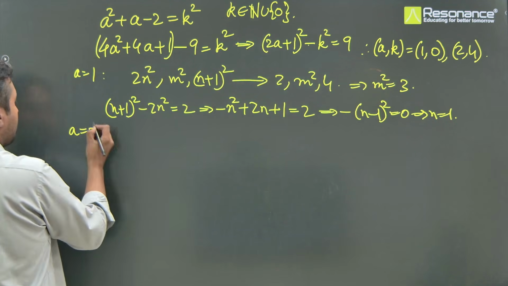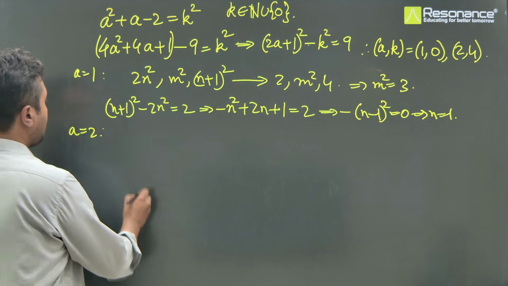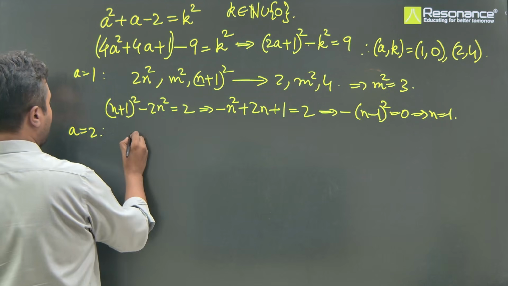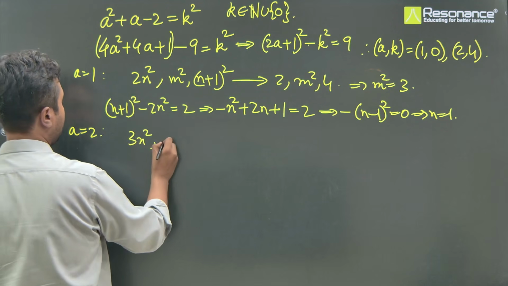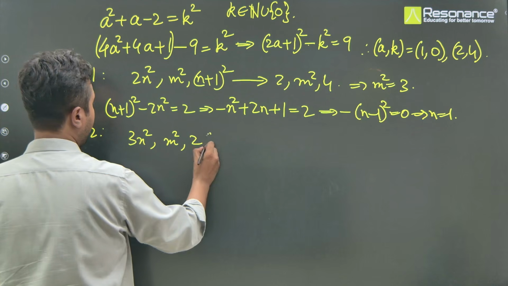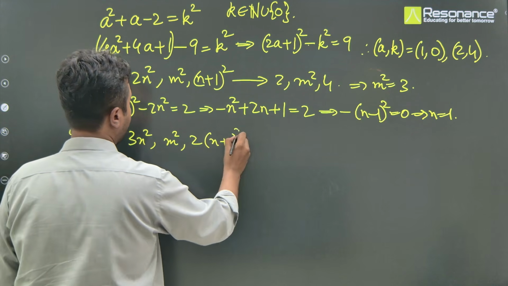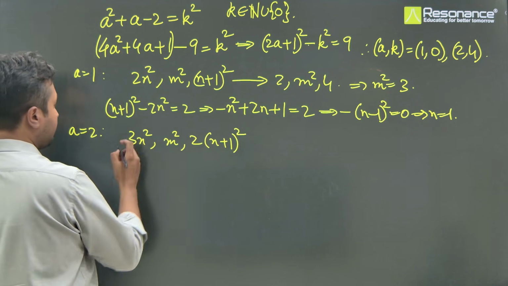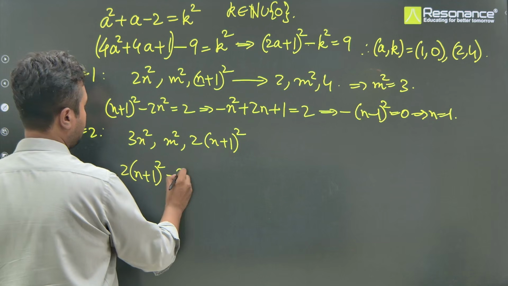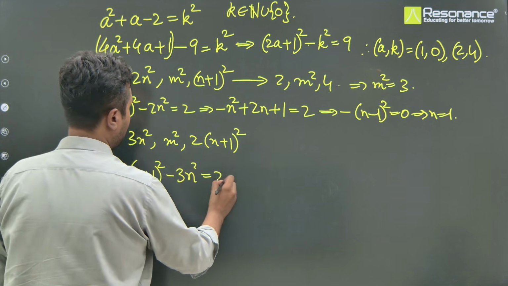Okay, let's work out a equal to 2 now. So now I should be having (a plus 1) into n square, which means 3n square, m square, and a into (n plus 1) whole square. The difference of these two again must be equal to 2.